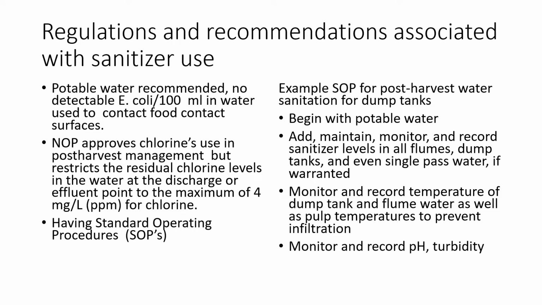When you are using water for produce or food contact surfaces, you have to use water that is potable or meets potable water standards for mixing the sanitizer. The National Organic Program approves chlorine's use for post-harvest management, but restricts the residual chlorine levels in the water to a maximum of 4 ppm of chlorine. So that's a very small amount of chlorine that they can use.